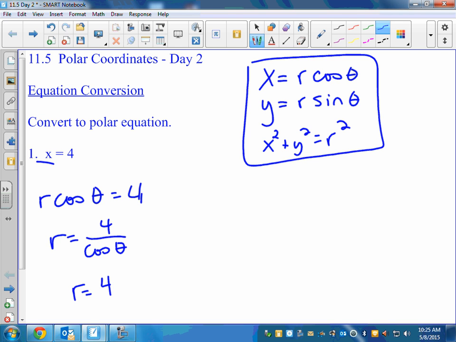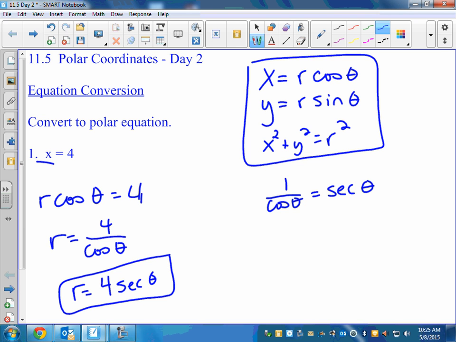Excellent. 1 over cosine is the same as secant, right? So really, this is like a better answer, and so definitely like odd questions, you want to check your answers, and you kind of just get in the habit of trying to solve for r and simplify what you can.